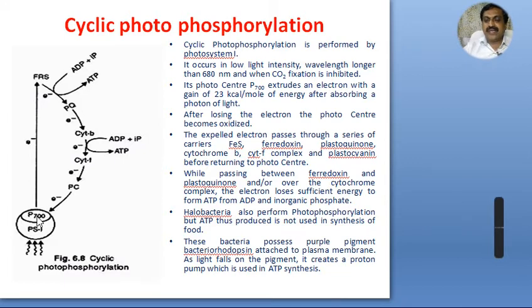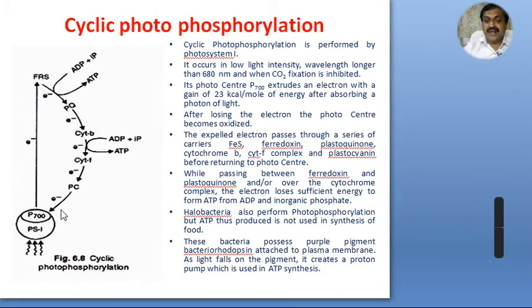Again, it comes back to chlorophyll A. Now this chlorophyll A 700, after getting the same electron which was expelled, comes back to its ground state.